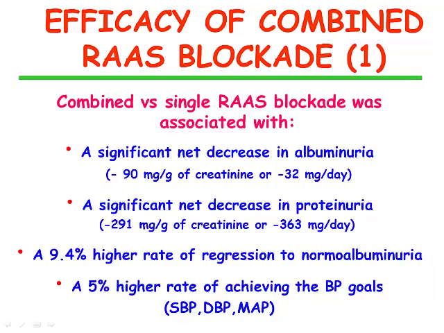Combined versus single RAAS blockade was associated with a significant decrease in albuminuria and in proteinuria. A 9.4% higher rate of patients obtained a regression to normal albuminuria, and a 5% higher rate of patients in the combined group achieved the blood pressure goals, in terms of systolic, diastolic, and median blood pressure.